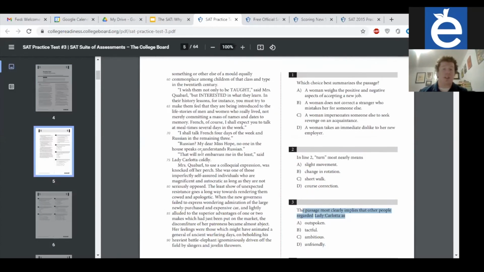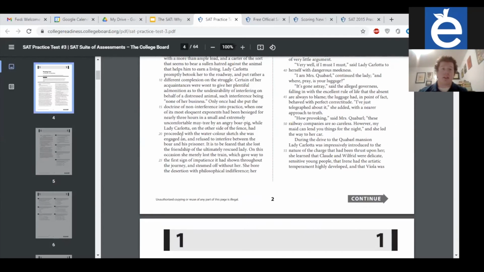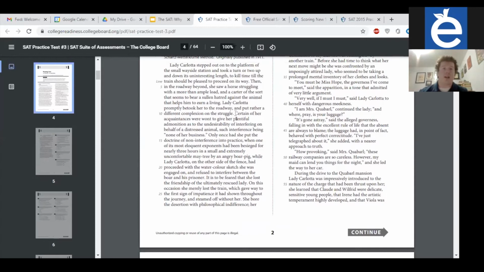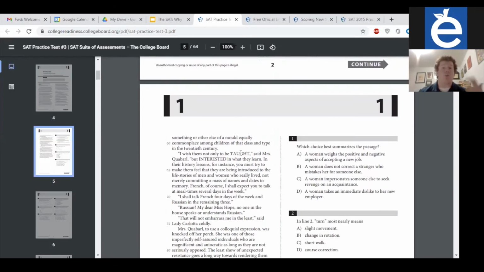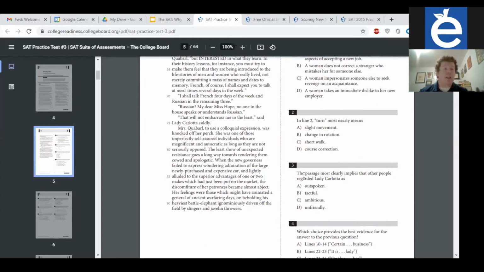If we revisit that, lines 10 through 14, that's when they were telling her not to interfere on behalf of distressed animals, such interference being none of her business. So these people regarded her as getting into things that were none of her business. We can say maybe they regarded her as nosy, bossy, something like that, where now we can look for whatever matches with that description.